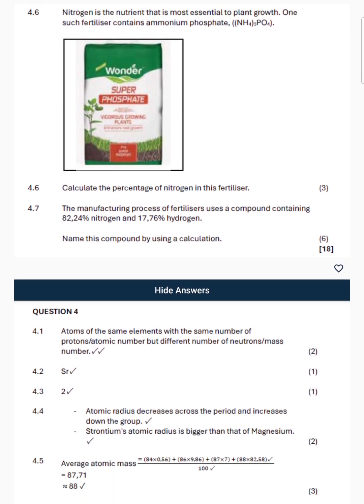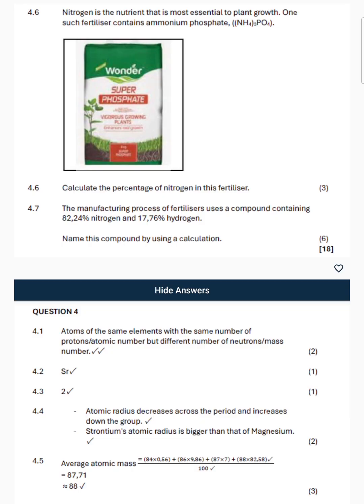Now nitrogen is the most essential nutrient for plant growth. We extract nitrogen from air by the fractional distillation of liquid air to produce the fertilizer. Calculate the percentage of nitrogen in this fertilizer.